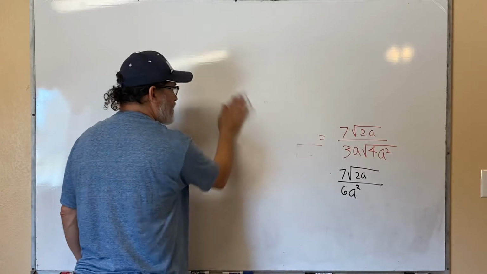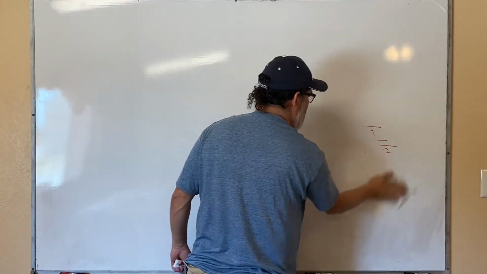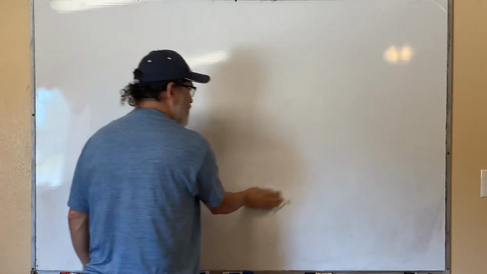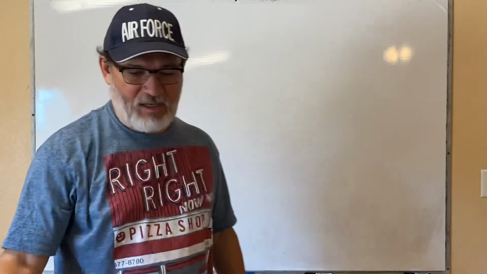Do it again. Let's rationalize the denominator. A couple more times and then we're done. And so watch this. Let's rationalize the following. Okay, when we say rationalize the denominator, what we mean is let's get rid of the radicals in the denominator.